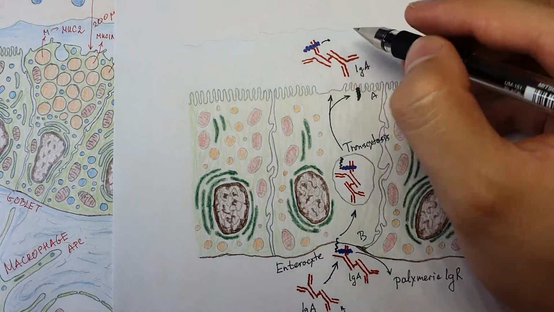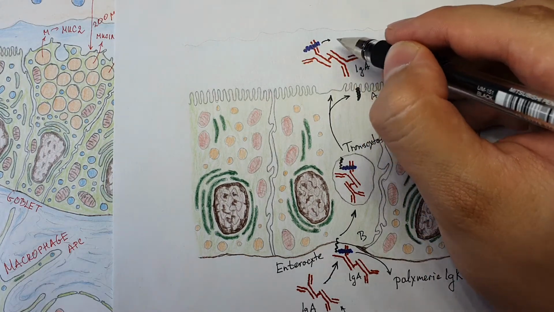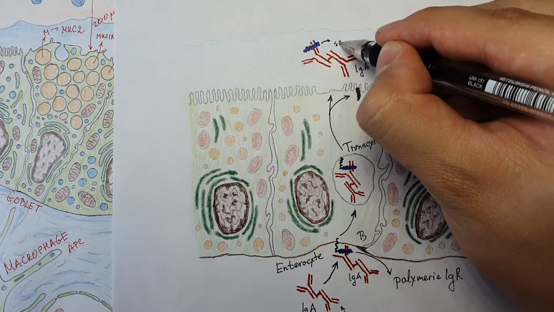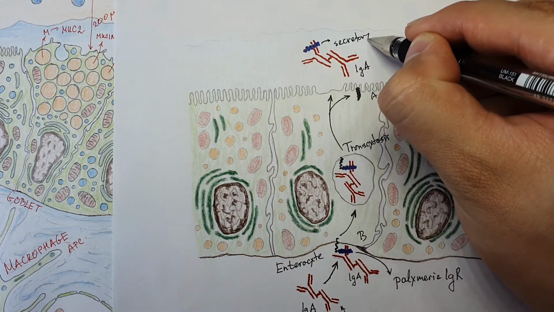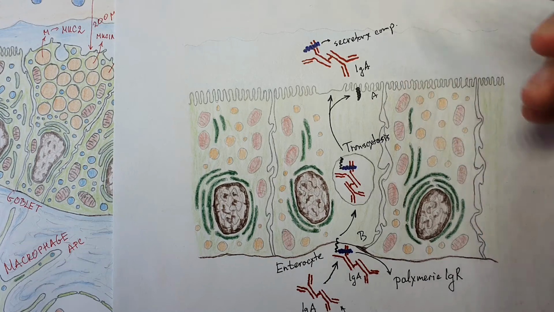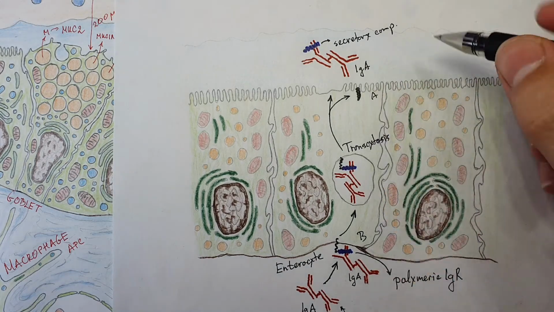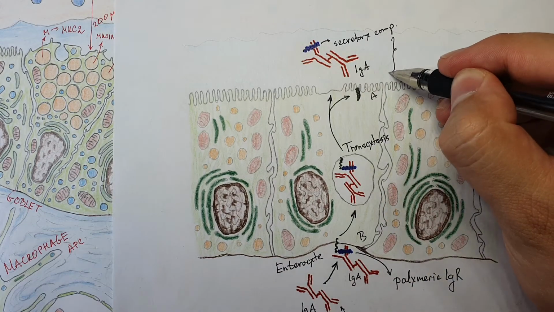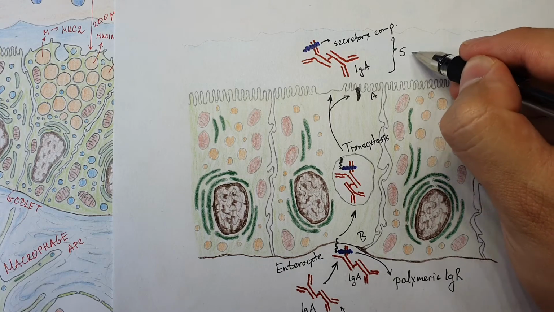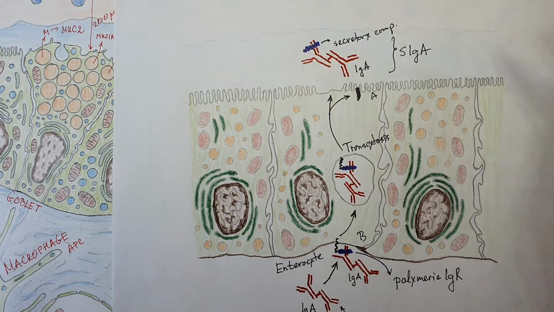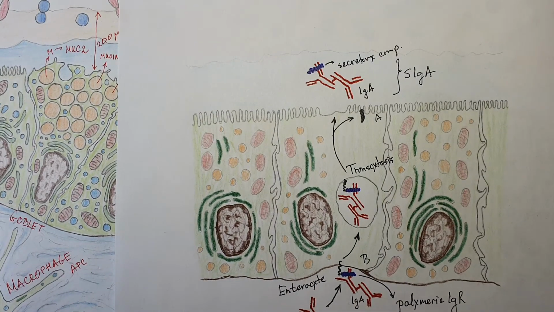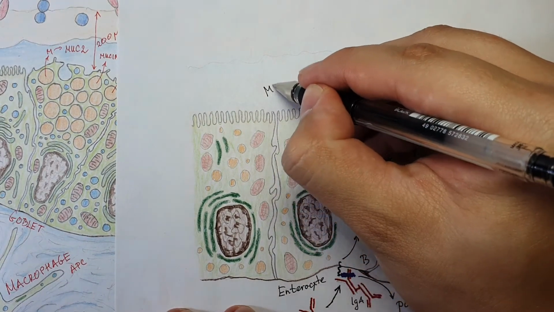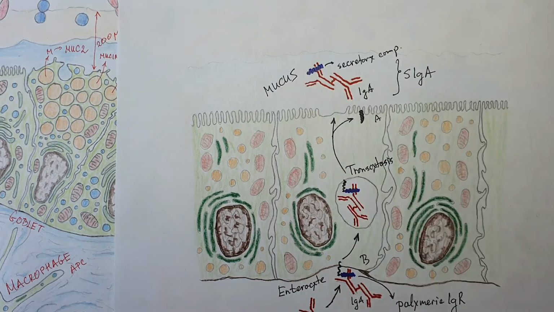It is called the secretory component, and this molecule is called secretory IgA. This is how IgA comes into this mucus layer.